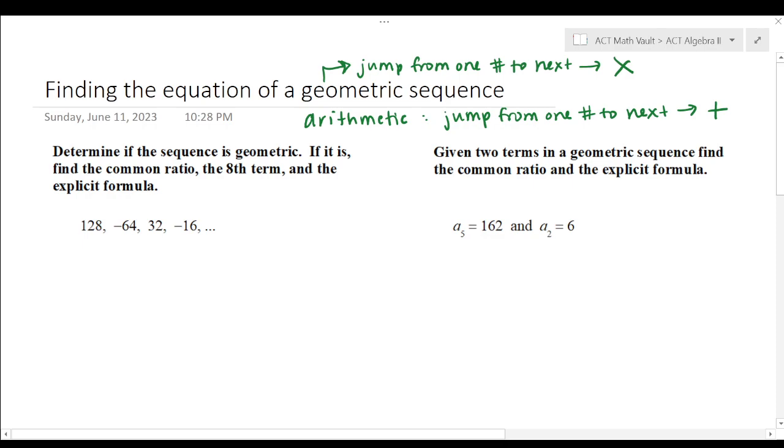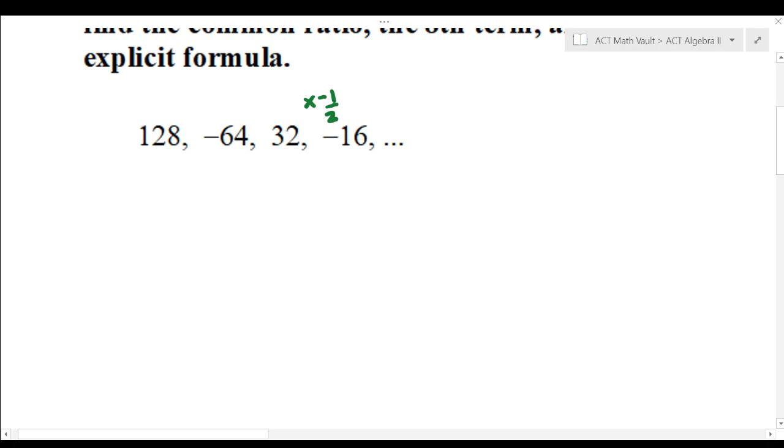Okay, so determine if the sequence is geometric. Well, we're looking at the numbers, we're trying to figure out a trend. Let's see. So I'm noticing that these numbers are decreasing by a half. I can multiply this 32 by -1/2 and end up with the -16.